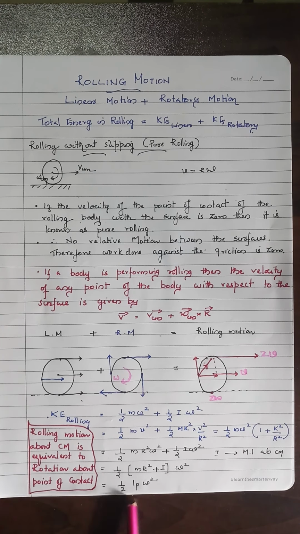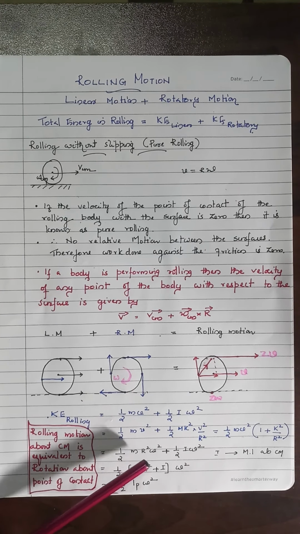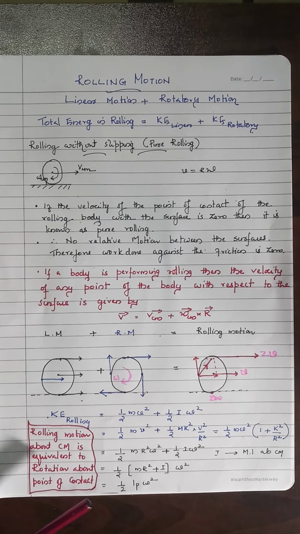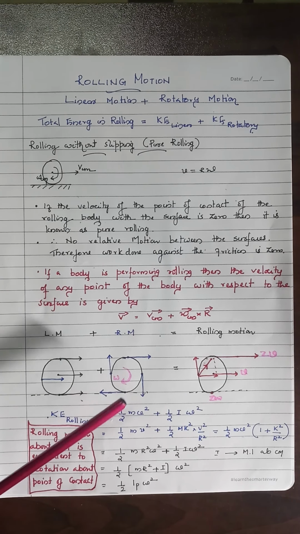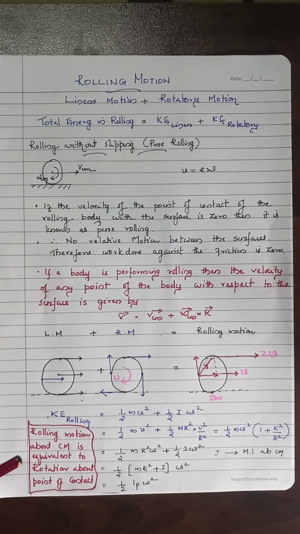But in another concept, if you substitute v equal to r omega in place of v, then you can take half into (m r square plus I) into omega square. We can write this as half I P omega square, where I P is the moment of inertia about this point. Keep in mind, we can replace the rolling motion about the center of mass by the rotational motion about the point of contact.